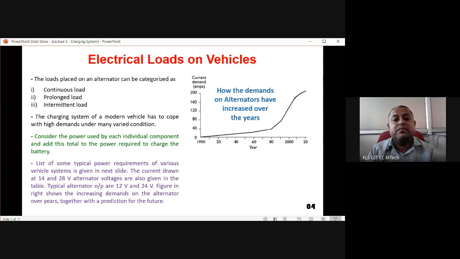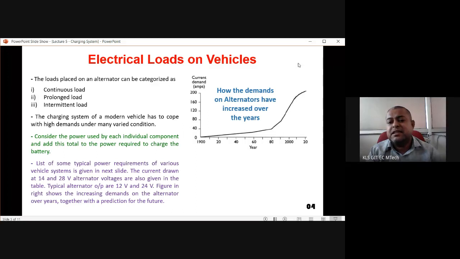So this rise is the demand on the alternator, and it has increased over the years. Between 1980 and 2000 it was increasing linearly with some slope, and that slope has further increased from 2000 onwards, and now it is showing some curve down.